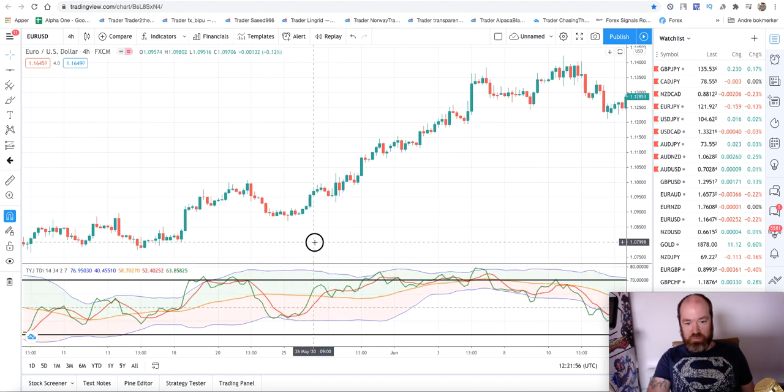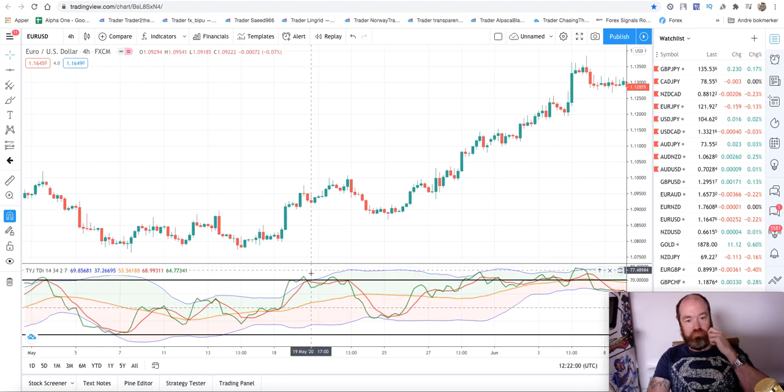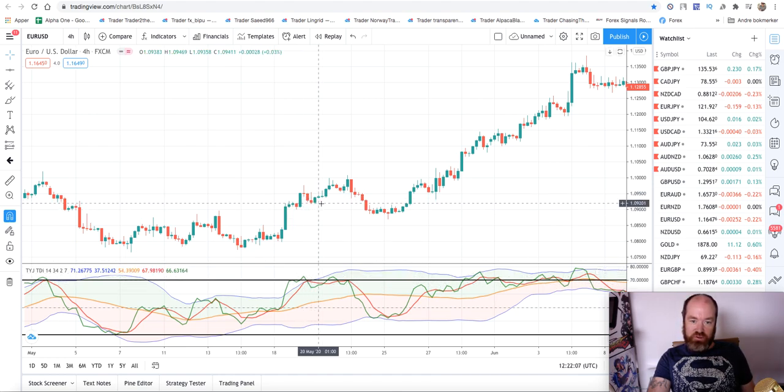Now let's see. Here also we would enter, and we would hold it, we would be a little in minus here, and we would not close it in this region down here. So still a profit trade.